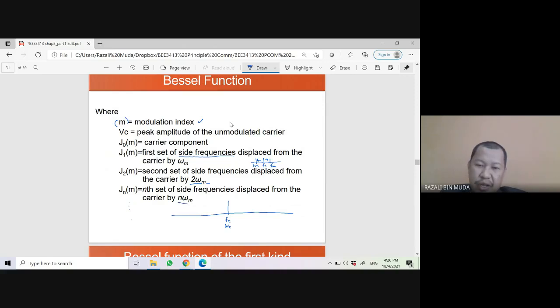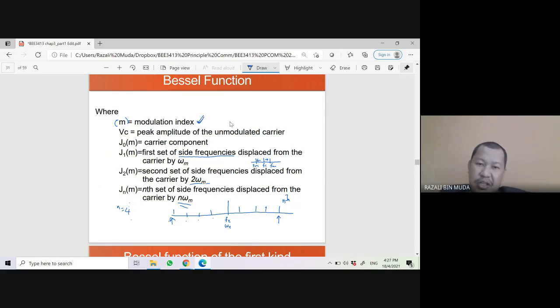So displaced by n. So let's say n ialah 4. So 1, 2, 3, 4. Yang ni ialah n. Jn. Sama belah ni. 1, 2, 3, 4. So untuk kalau n equal to 4, n set of side frequency nombor 4 displaced from the carrier by n. Displaced daripada carrier ni banyak 4. So berapa banyak dia punya sideband ni bergantung kepada nilai modulation index.